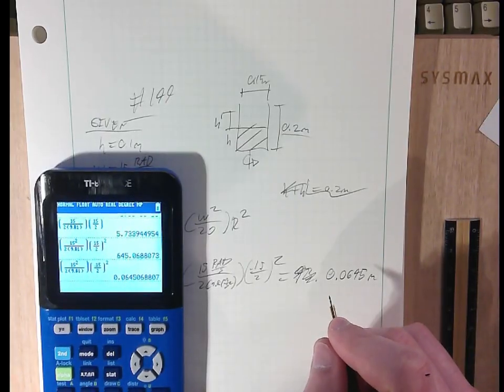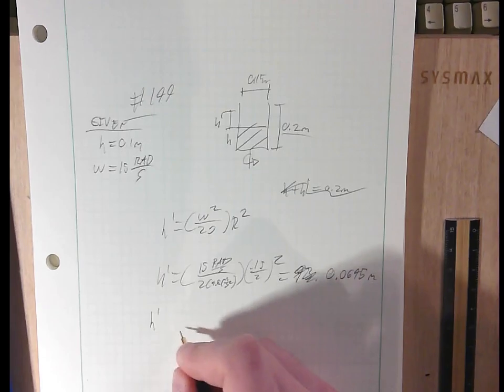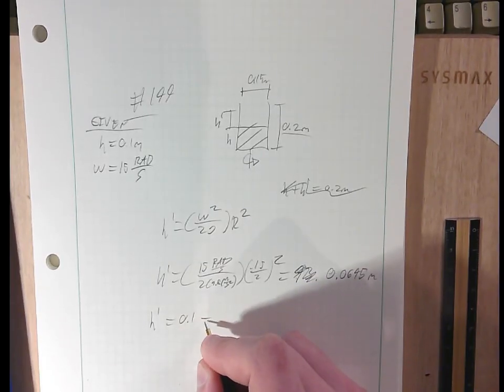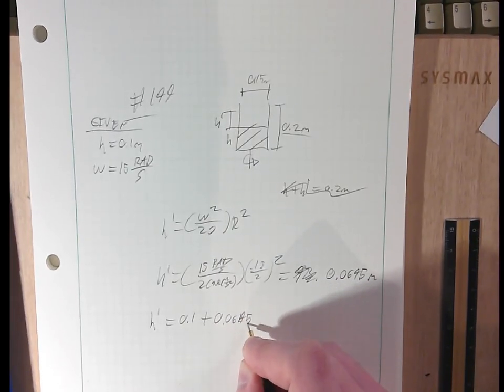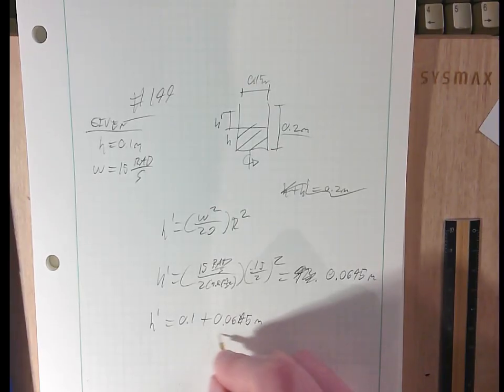So now for our h prime, what we need to do is we need to say that h prime will rise 0.1 meter plus our 0.0645 meter, divided by 2.